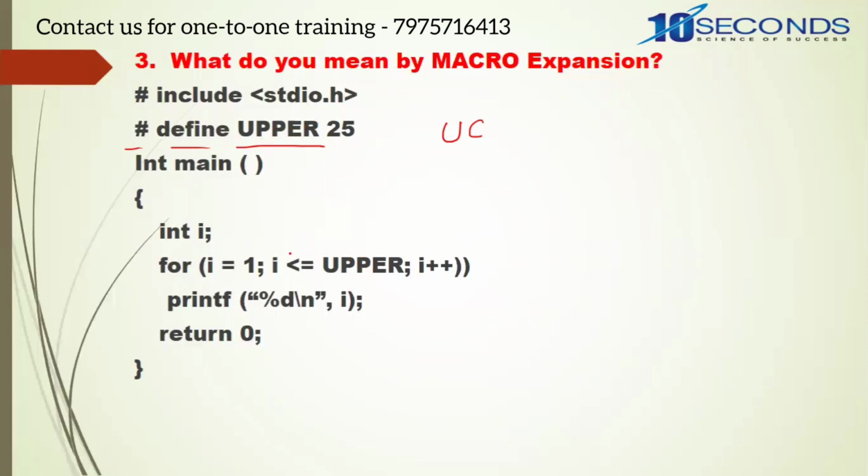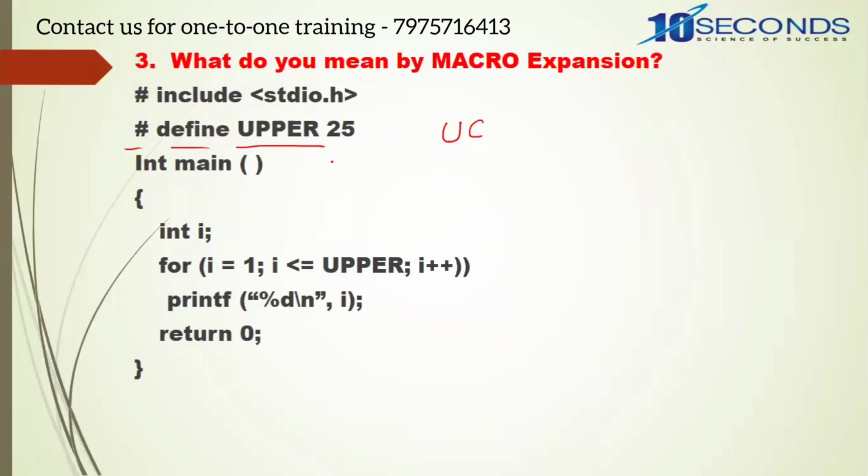The advantage of macro expansion or symbolic constant is, think of the scenario, we have used 25 in 100 different places. Tomorrow, the client will come and ask you to change 25 to 26. You need to go to 100 places and do the change. By chance, you have done the change in 99 places and forgotten to do it in one place.